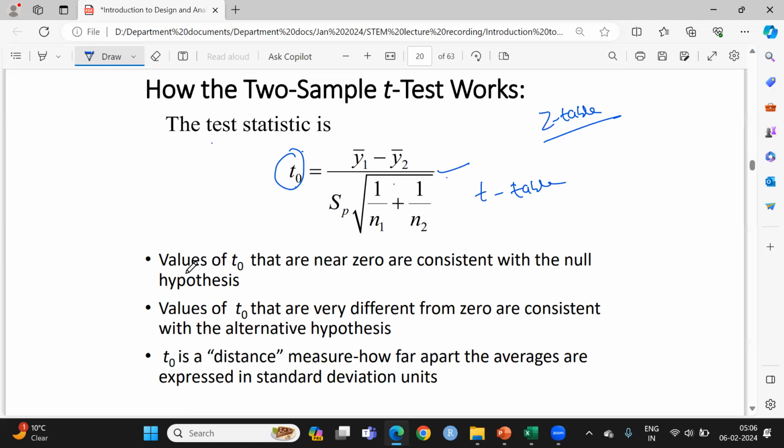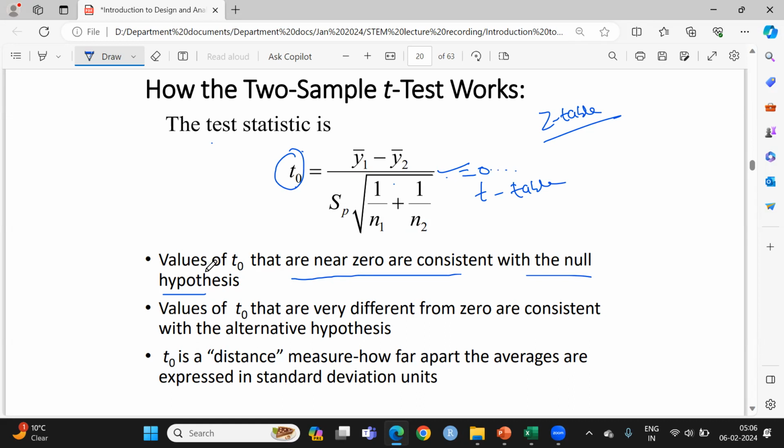Okay, so values of T naught that are near zero are consistent with the null hypothesis. The meaning is that if the difference y1 minus y2 is very small, something like 0.00, then we can easily say that the null hypothesis is correct.